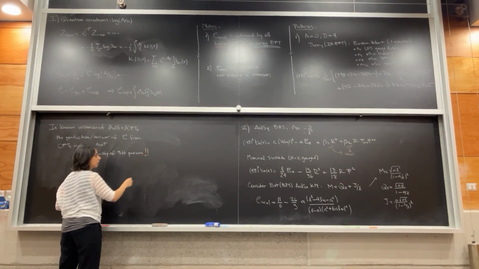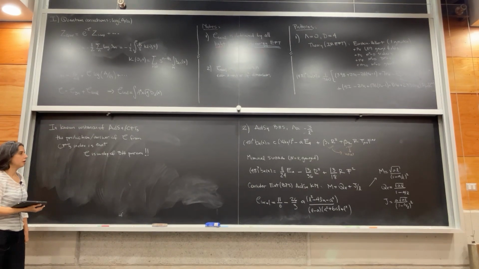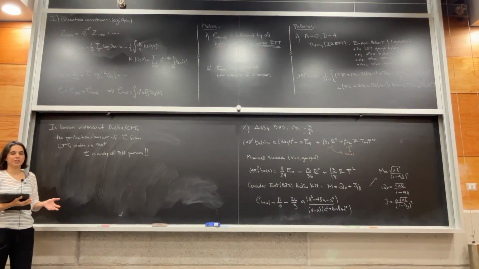It depends a little bit on how much supersymmetry you have and precisely what the theory is, but it's basically like integers. It's like 2.